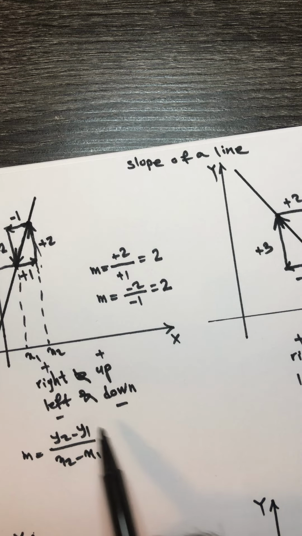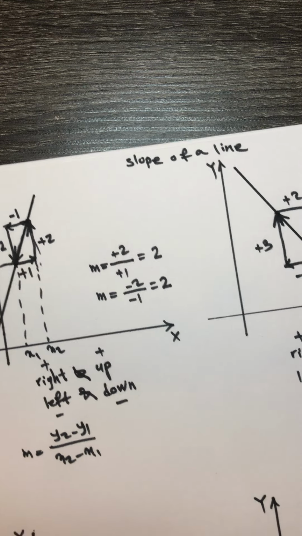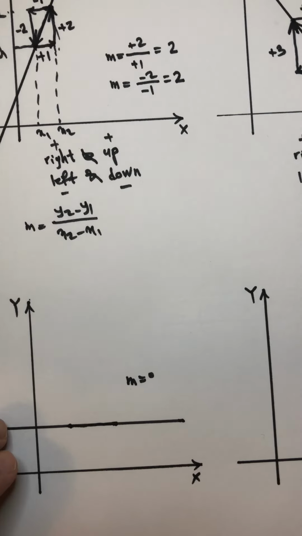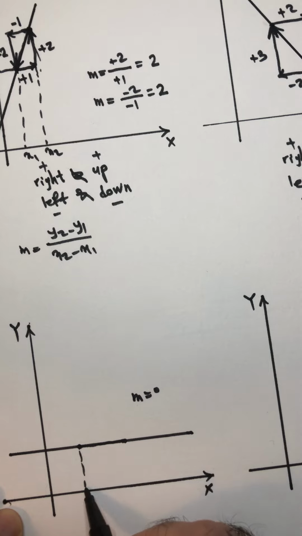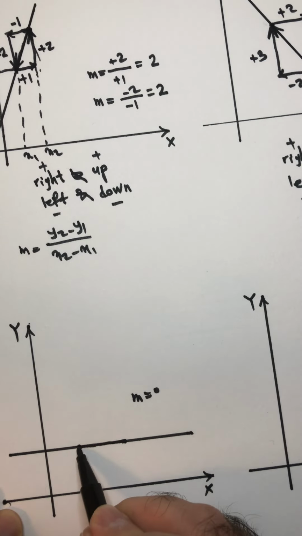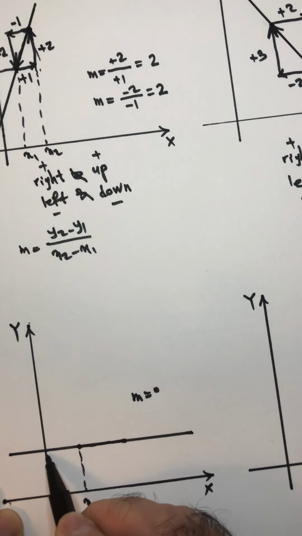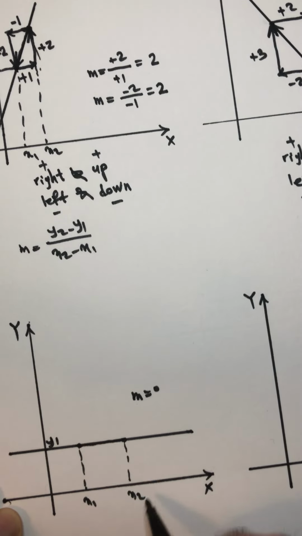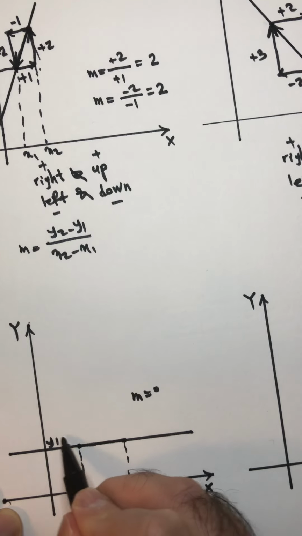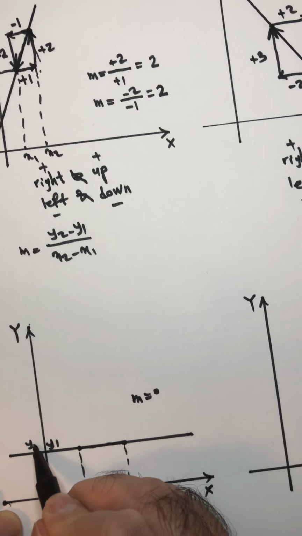Now using this formula, we can see why here m is 0. If we consider this as x1 and y1, and this as x2 and y2, then y2 equals y1.